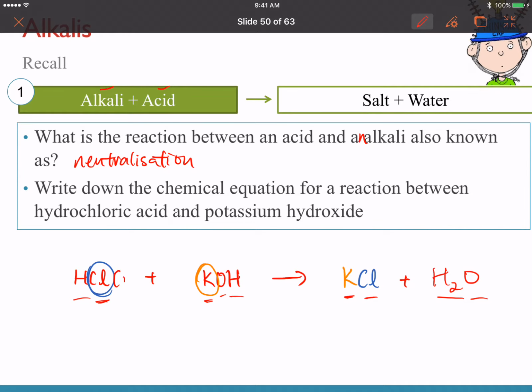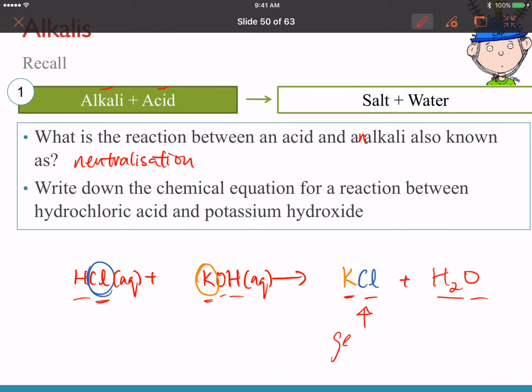Again, acids must always be in aqueous state because an acid must be in water for it to behave like an acid. What about the alkali? Note that this is an alkali, so it should also be in aqueous state. Now let's go back to the solubility of salts. Are chloride salts generally soluble or insoluble?